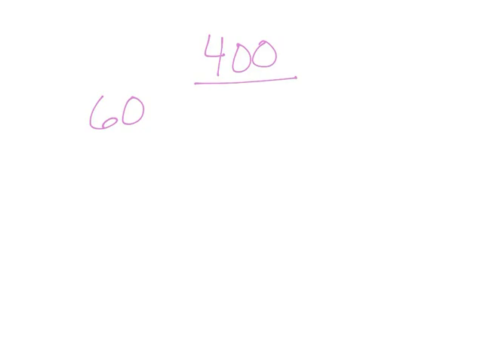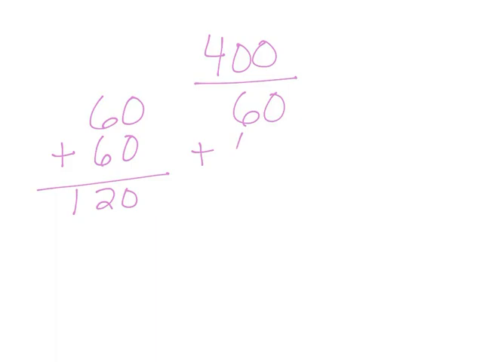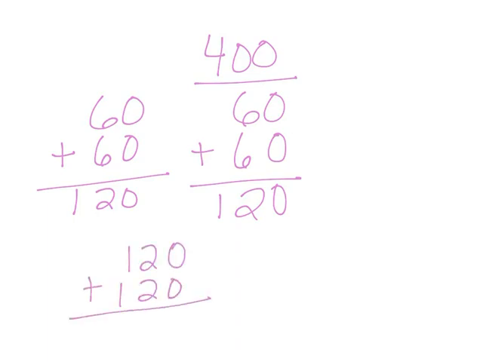Well, I know 60 plus 60 is 120. So if I did 2 more 60s, that's another 120. 120 plus 120 is 240. So that would be 4 60s in 240.